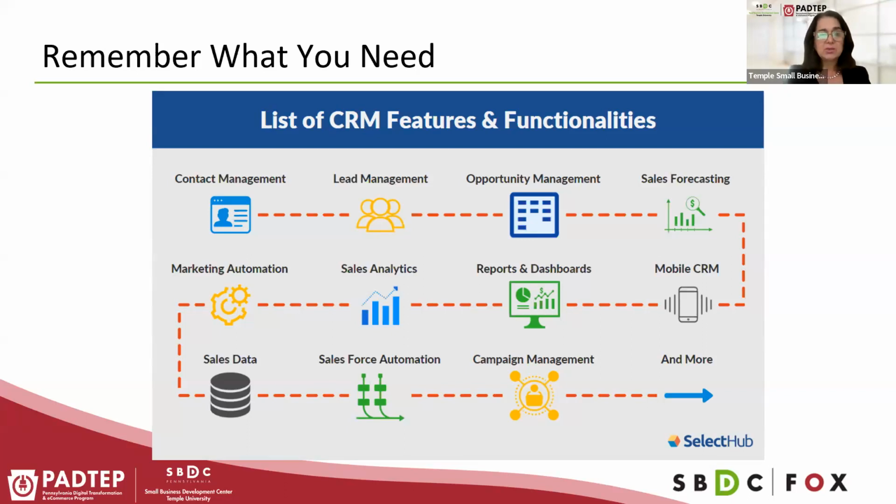Do you want a dashboard? Do you want analytics? Do you want the CRM system to integrate with your sales data to show your analytics? You can look at marketing automation.